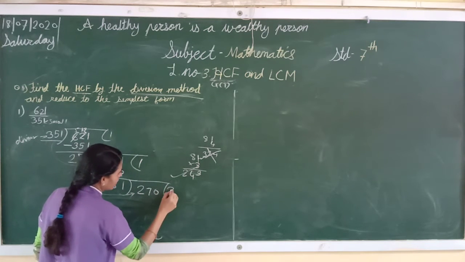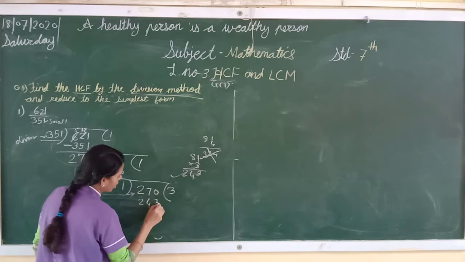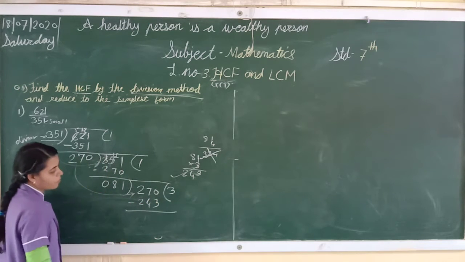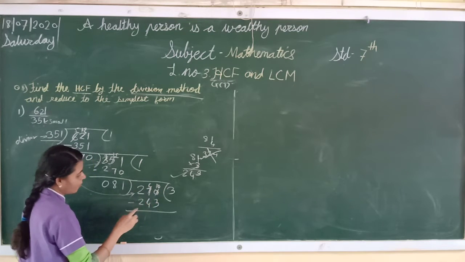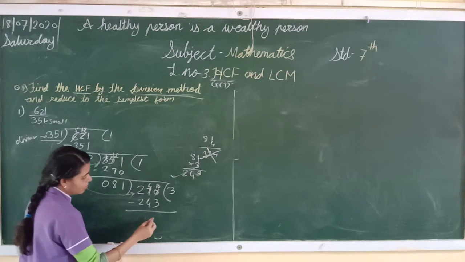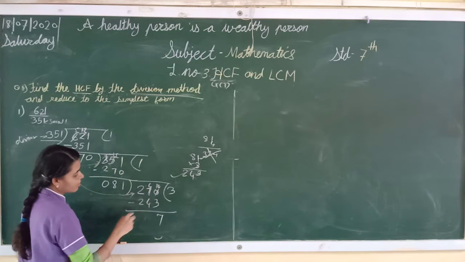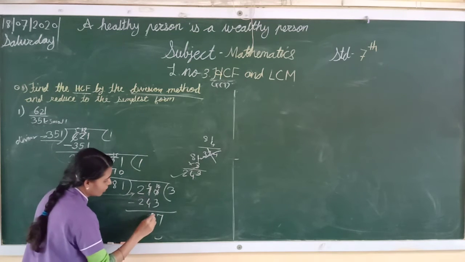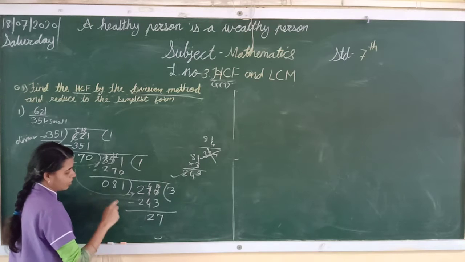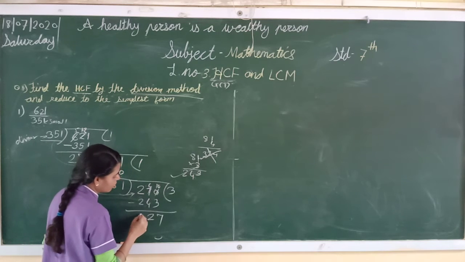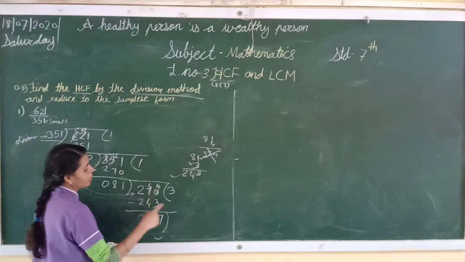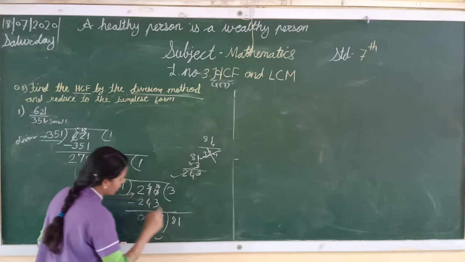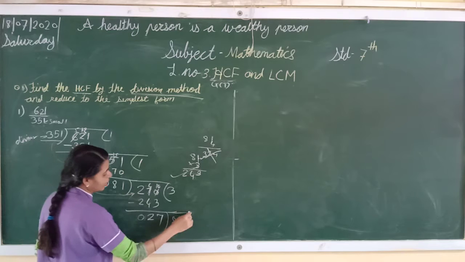So 21 3 is 243. Now 3 minus 3, 0. 10 minus 3, 7. 6 minus 4, 2. And 2 minus 2, 0. Now students, which one is the previous divisor? Previous divisor 21.